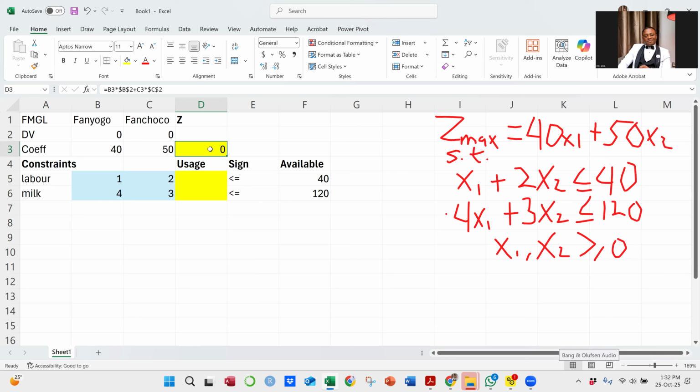Copy, click on this 0 here, copy, and then come and paste it under the usage and paste it again under the next one. Or you can paste it under one and drag it to the other. Formulation is done.